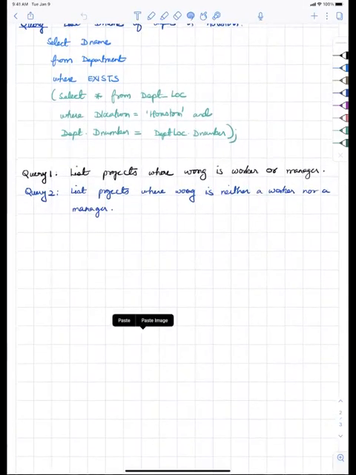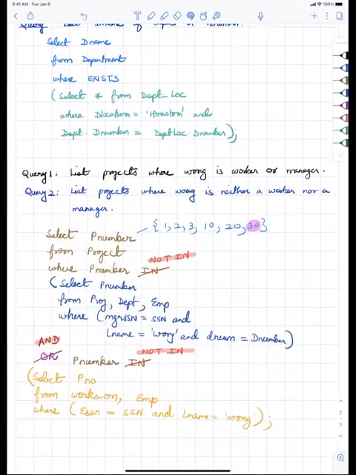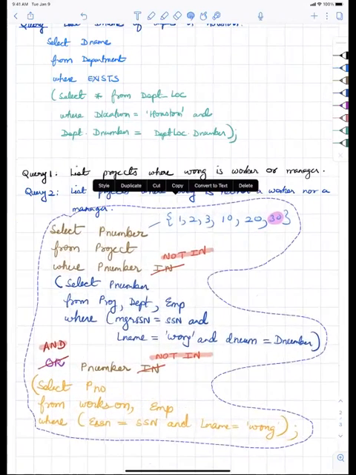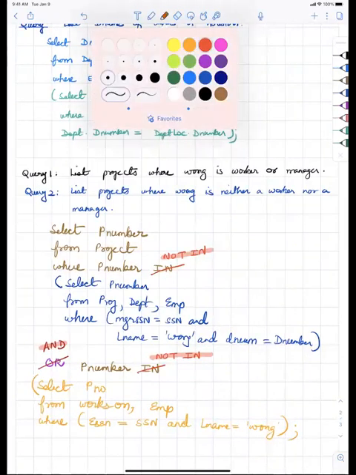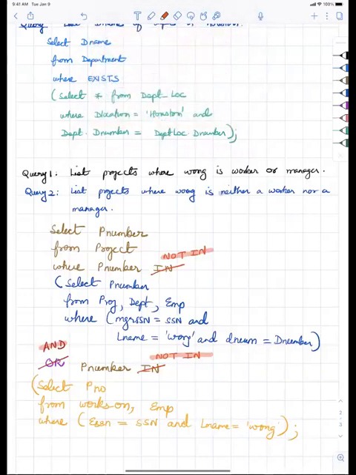So we had this query, which was using the in and the not in. The answer to query one is where we use the in, or P number in, and when you say is neither a worker nor a manager, that's where we did the not in, and the and.